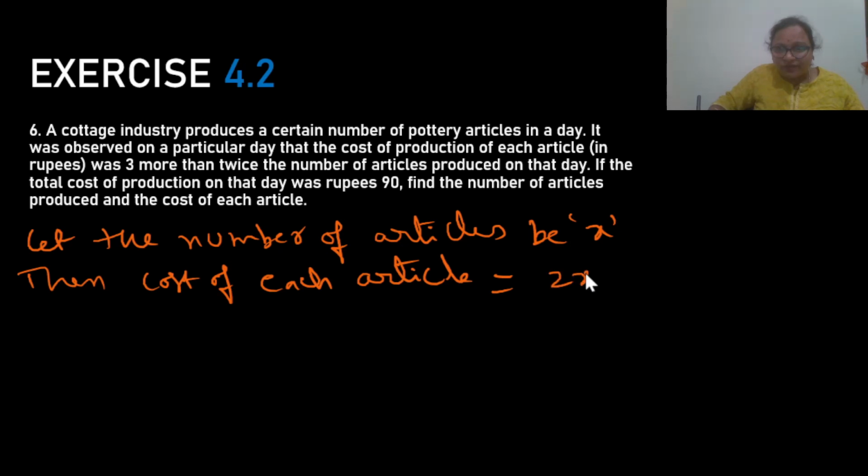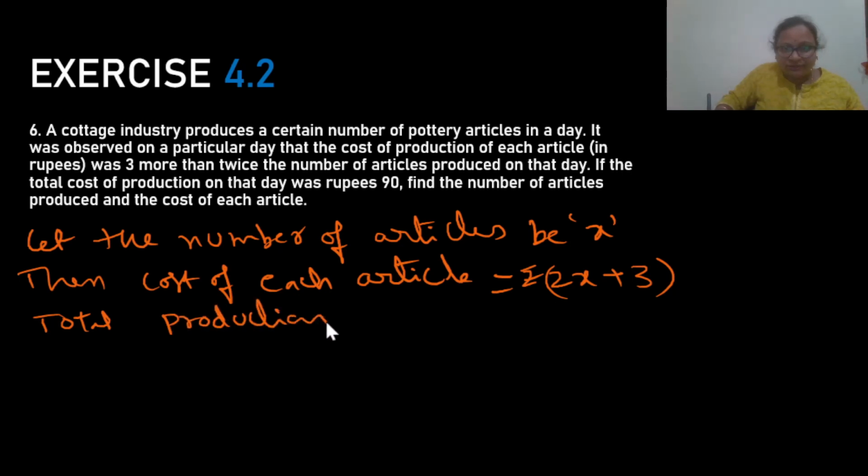Twice the number of articles is 2x, 3 more. More means plus 3. 2x plus 3. This is cost, so it will be in rupees. Rupees 2x plus 3. Total production cost is equal to 90 rupees.